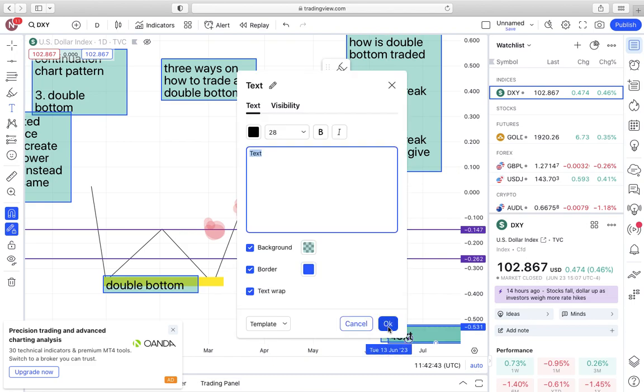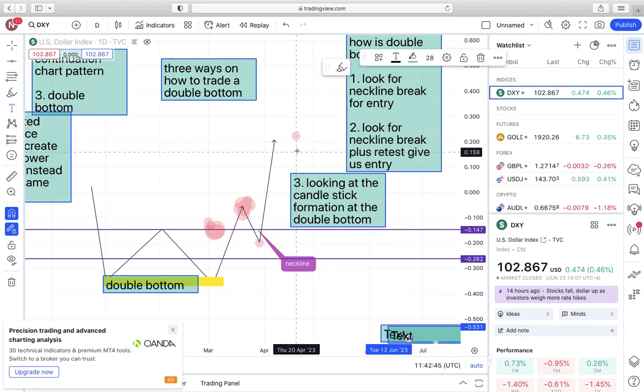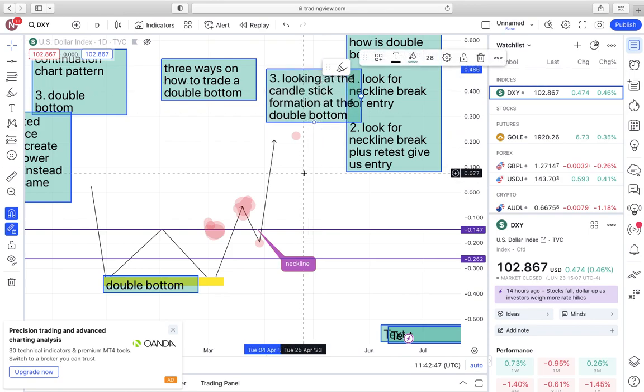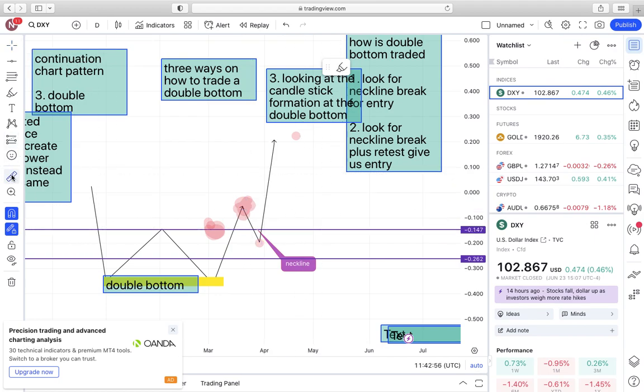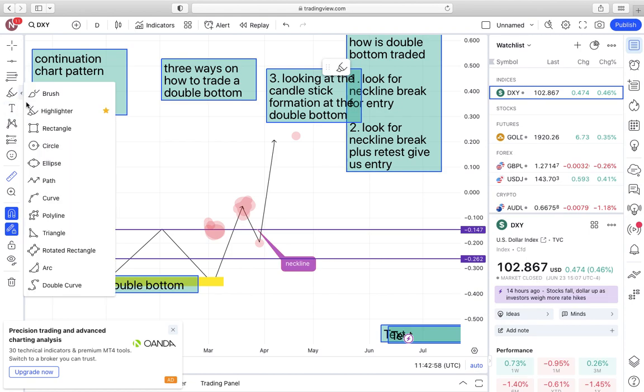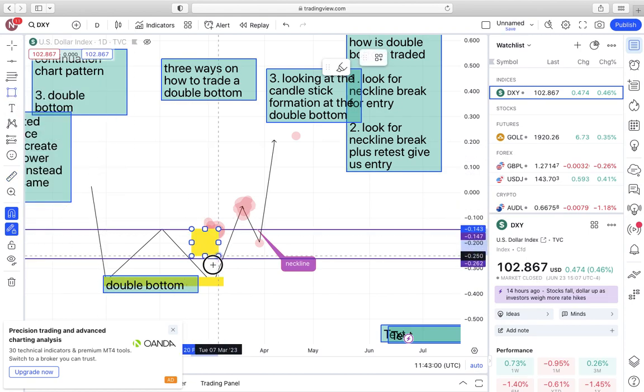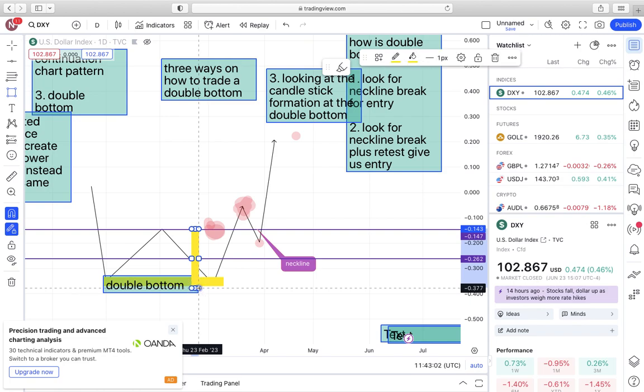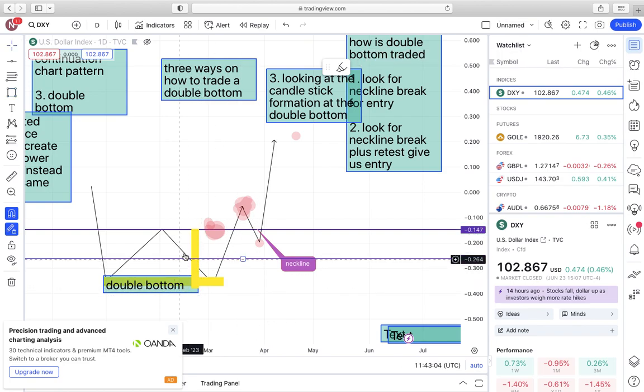Then some people will come here and ask me, Ngala, how do you take profit here? I already told you that, as I had already talked about double top. You come here from the neckline, from this given zone, from the neckline up to the key zone, which is at the double top.